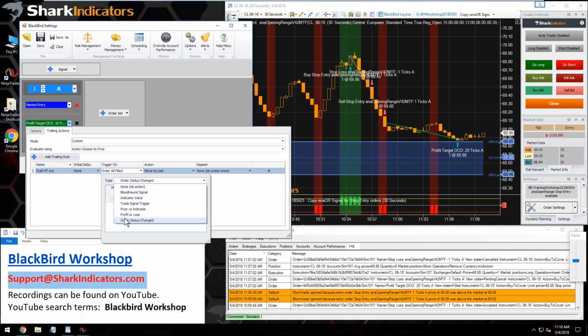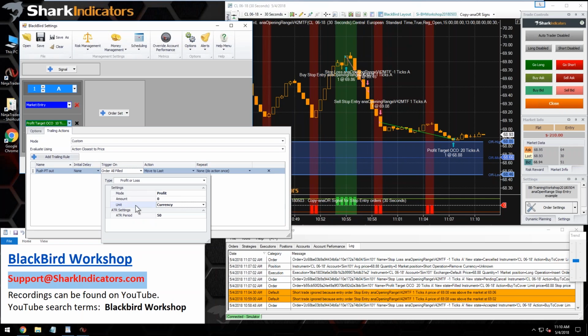For now, what we can do is use the profit or loss here. Since our profit targets are set in ticks, I can set my unit to ticks, and I'm looking for a profit. My profit target is always going to be a profit.